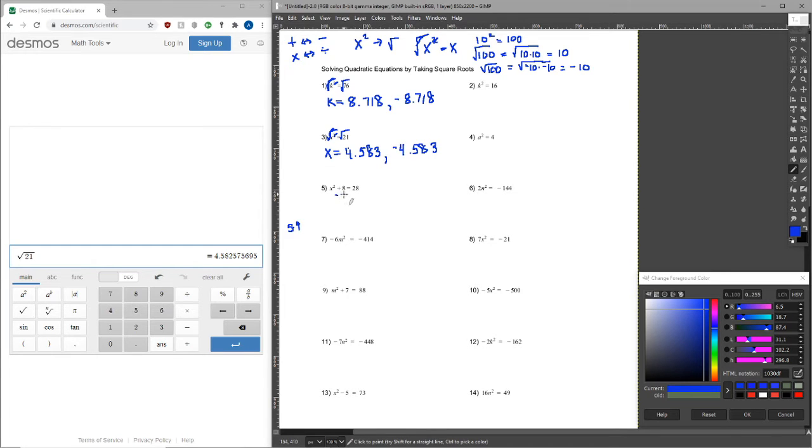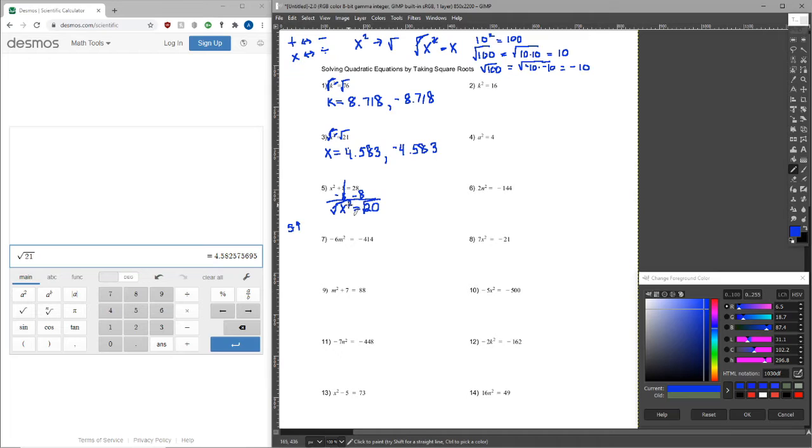So take away that 8 from both sides, left and right. Draw a line because you're done with this step. 8 minus 8 is 0, so I just cross it out. x squared comes down, and 28 take away 8 is 20. Again, the opposite of square is a square root, so square root both sides.